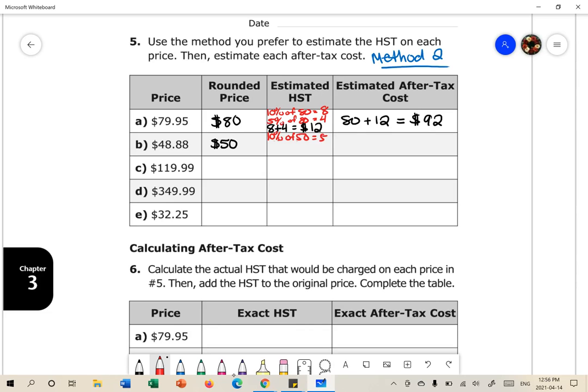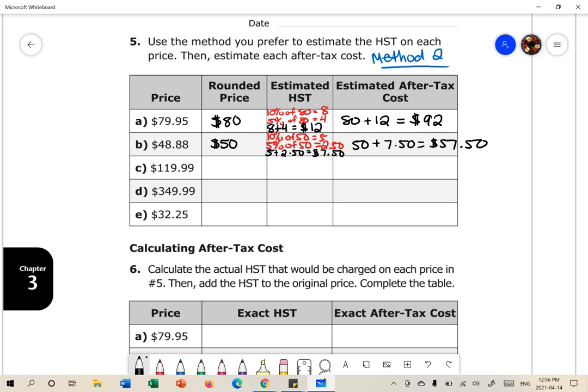And 5% of 50 is 5 divided by 2, which is 2.5, or $2.50. 5 plus 2.50 is equal to $7.50. Estimated after-tax cost is 50 plus 7.50, which is equal to $57.50.